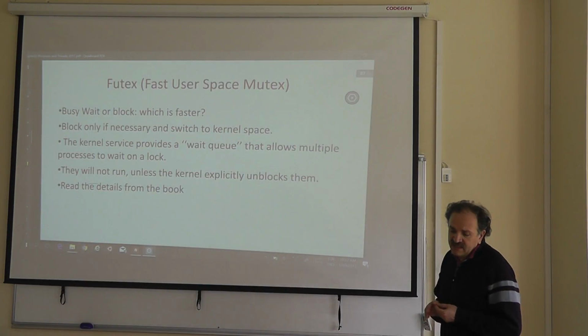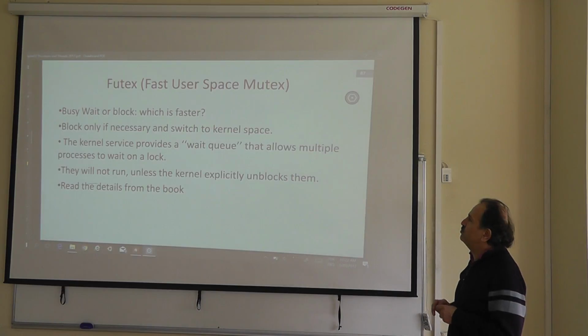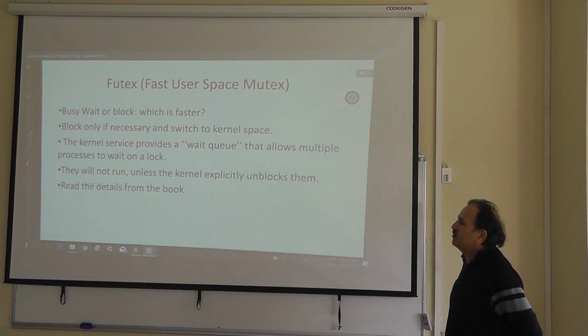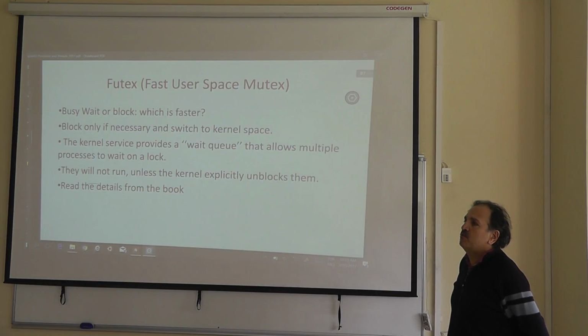There is fast user space mutual exclusion mechanism available for most operating systems. Okay, we said that busy waiting is bad. Why is it bad? Because it is wasting CPU time.